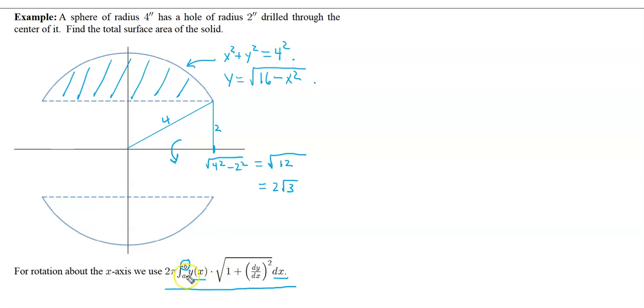Now we can take advantage of symmetry. We can let the a be 0 and then multiply this by 2 for this half over here. So then our lateral surface area, the surface area for just this portion of the curve being rotated around the x-axis, is going to be as follows.